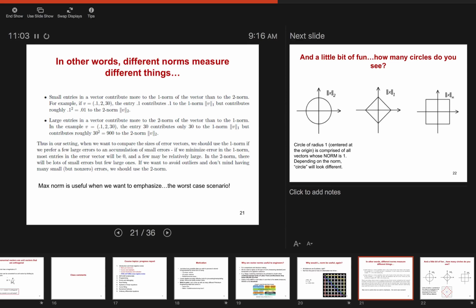Sometimes it's also important to know, if I have a lot of data, and let's say that I have logging data or any kind of stream of measurements, there are bound to be errors in those measurements. And those errors, if I'm looking at a norm that is summing up everything, different norms will take those errors into account differently.